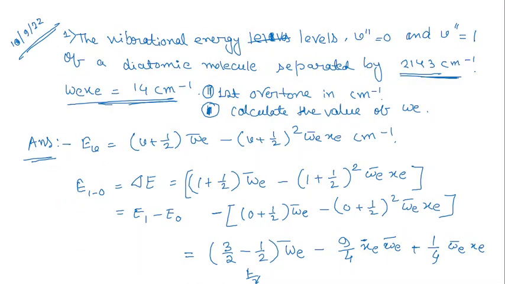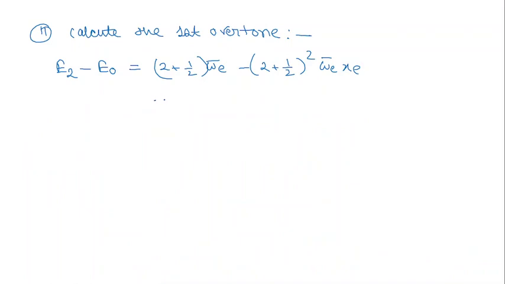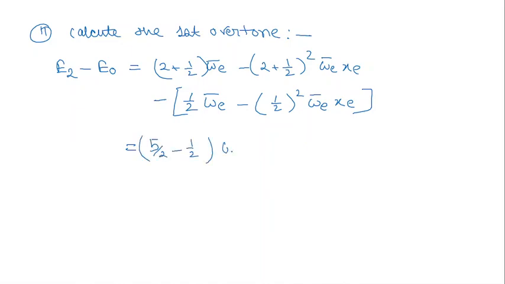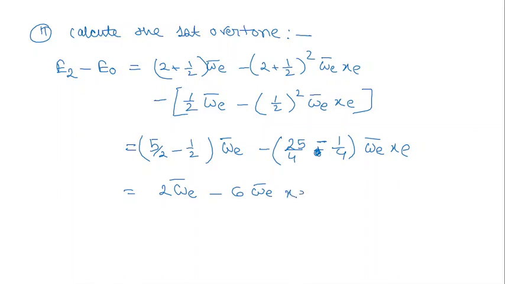So 5 by 2 minus half, omega e bar, minus 25 by 4 plus 1 by 4, which means 6 omega e bar xe.